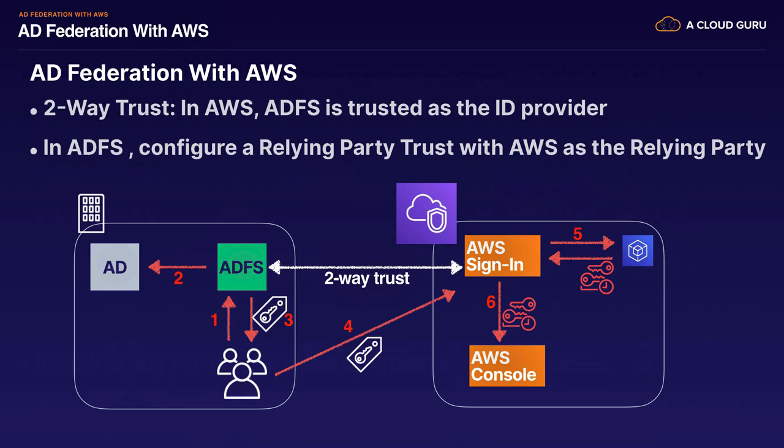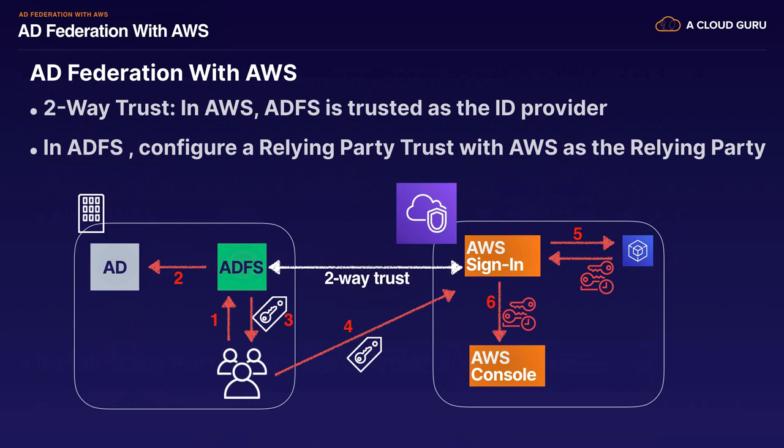And then within ADFS, you need to configure a relying party trust with AWS as the relying party. So this just means that AWS is configured to trust ADFS to provide user identities, whereas within ADFS, it's trusting AWS to consume user identities. And ADFS simply acts as an identity broker between the Active Directory domain and AWS.